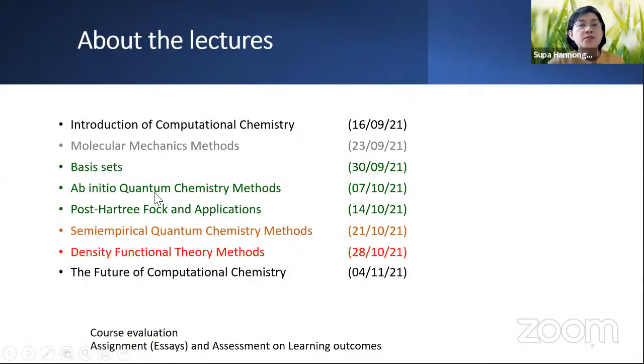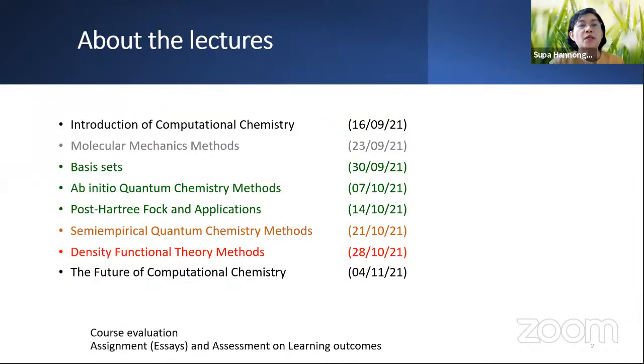Today's lecture and the next two weeks, we will focus on what we call ab initio quantum chemistry methods. But before we go to the ab initio itself, we need to know about the basis set, because the basis set is the heart of quantum mechanics or computational calculations.